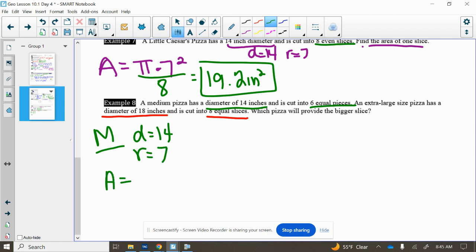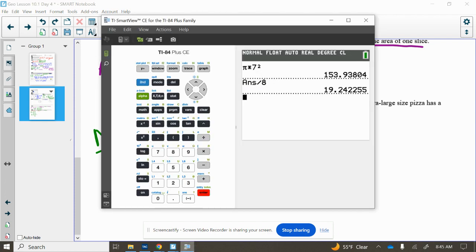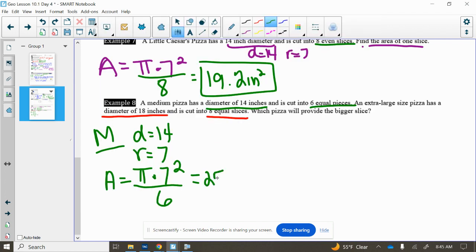My whole pizza is going to have pi times the radius squared, but we're going to divide that into 6 equal pieces this time. Each one is going to be about 25.7 square inches.